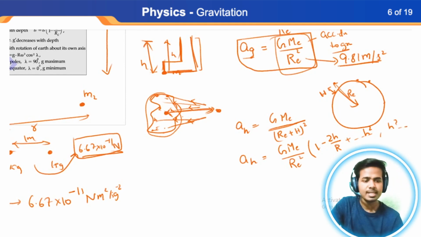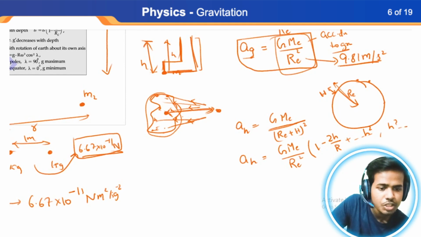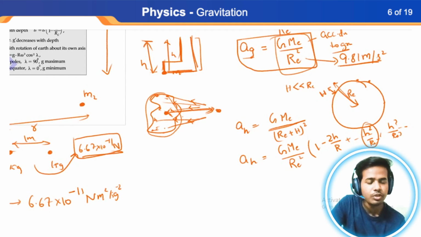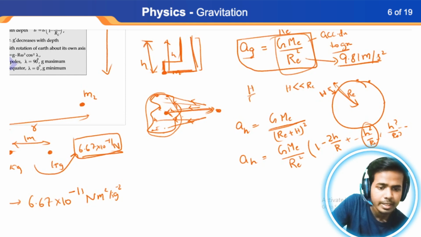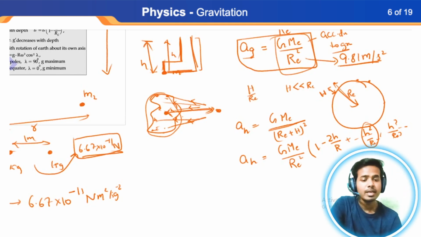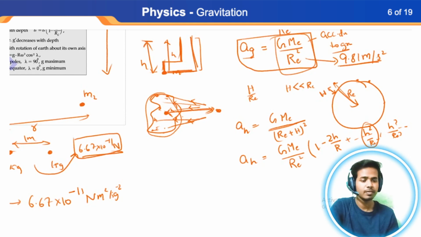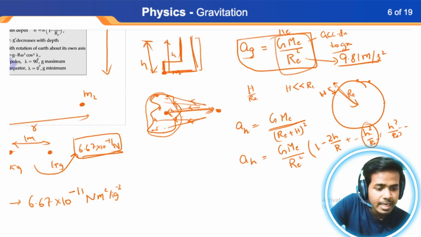But since I have already assumed that h is very small as compared to Re, h by Re is a very small number. If you square it, for example 0.01 becomes 0.0001, which is very small. So of course you can ignore them with respect to this term.